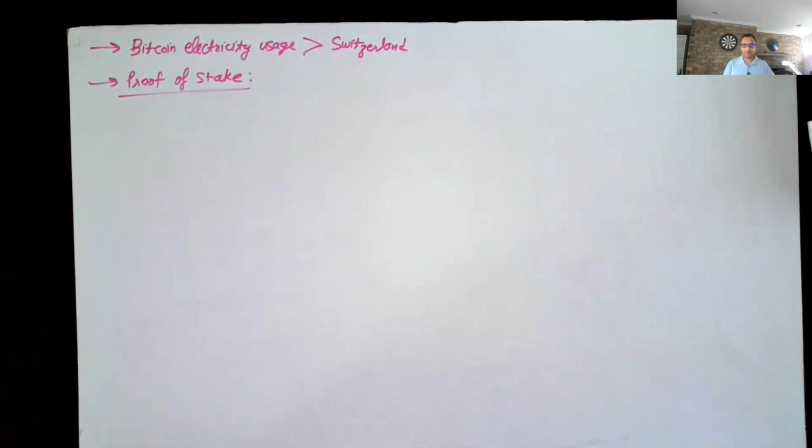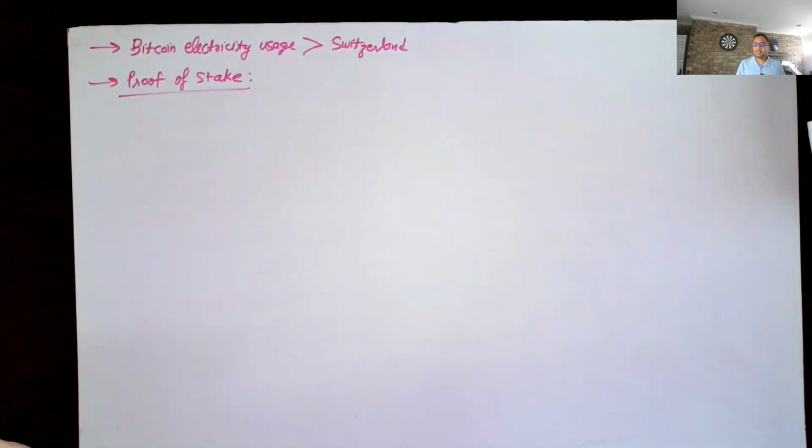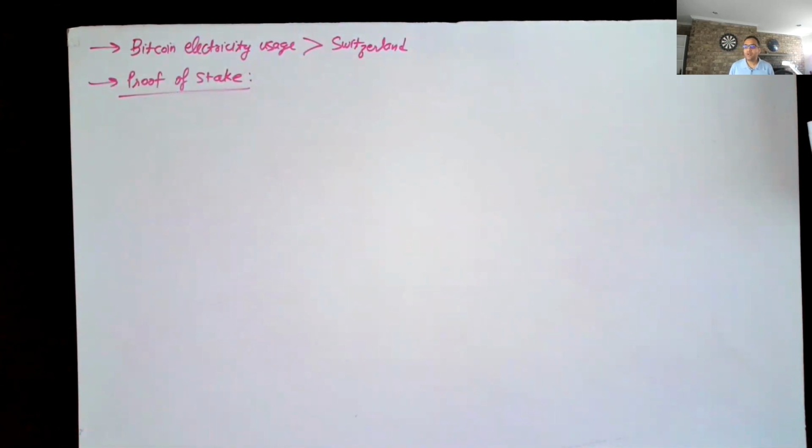So in proof of work, your voting power in the system is proportional to the amount of computation that you have, right? The more computation you have, the more likely you are to be able to mine the next block. In proof of stake, the voting power that you have is proportional to the number of coins that you own.